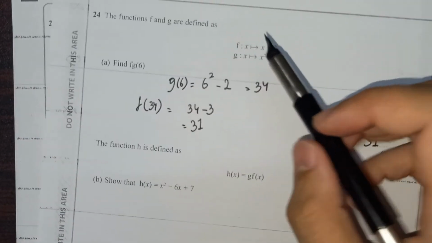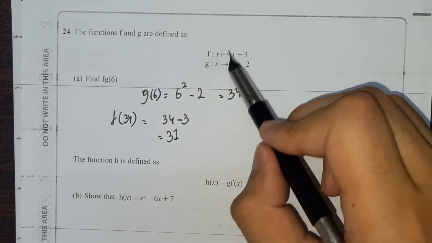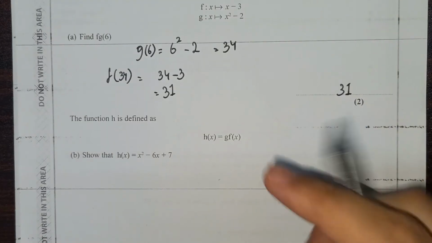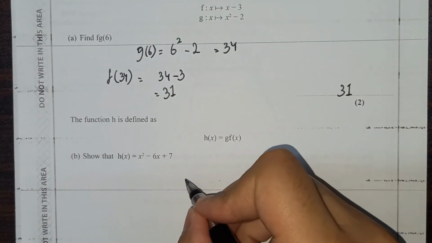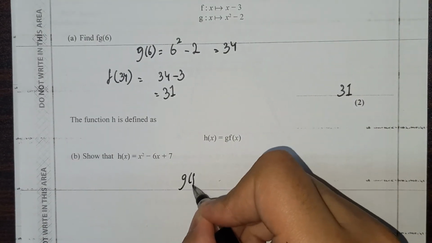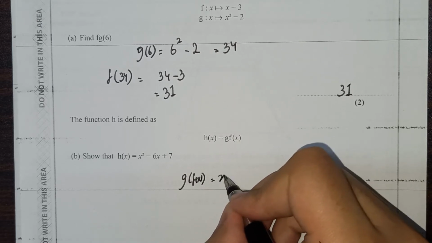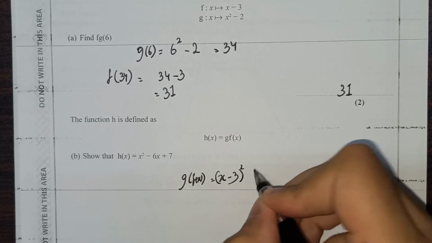F of x we don't need to calculate, we already have. All we need to do is put this value in g of x. So in place of x in g of f of x, we need to place the value of f of x, which is this.